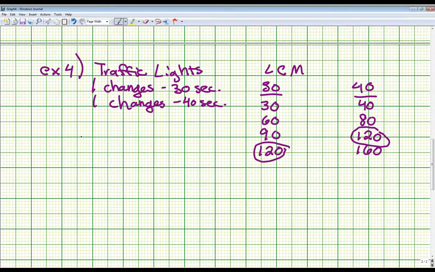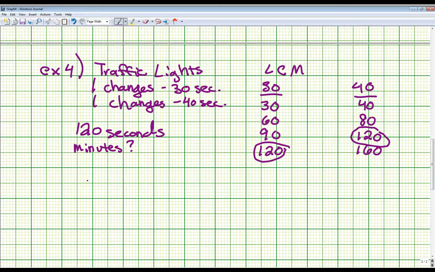If we go back to what this is asking us, it says, after how many minutes will both lights change at the same time again? So we just found the number of seconds, 120 seconds. If the question is asking us for how many minutes, we have to figure out 120 seconds equals how many minutes.